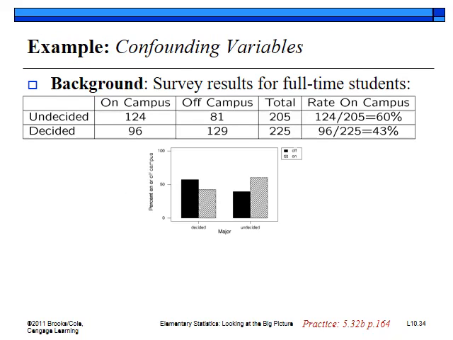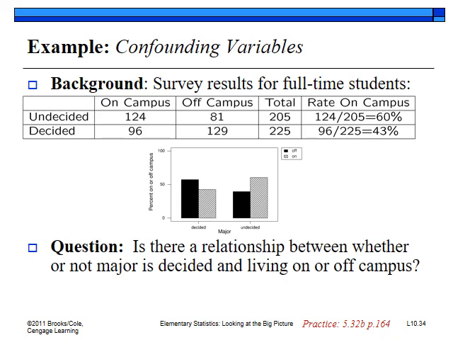Let's take a look at an example. Here we see survey results for full-time students. The rows are major, decided or undecided, and the columns are residency status, on campus or off campus. Is there a relationship between whether a major has been chosen and whether a student lives on campus or off campus?